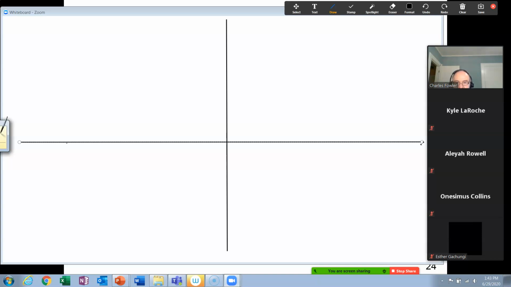Now let's tick off a few points here. This is going to be pretty pathetic. 1, that's supposed to be horizontal. 2, 3, 4, and 5. This will be 1, 2, 3, 4, 5.